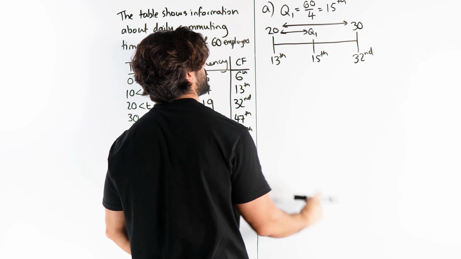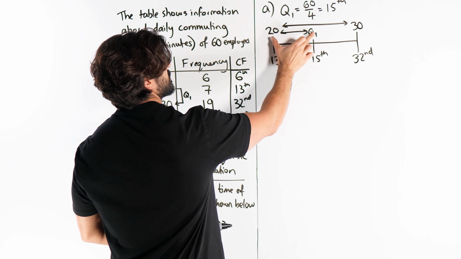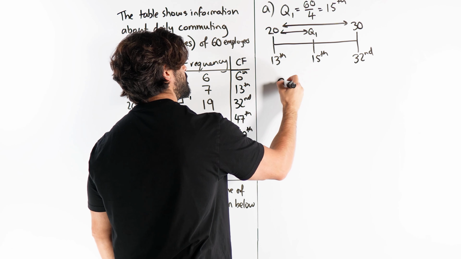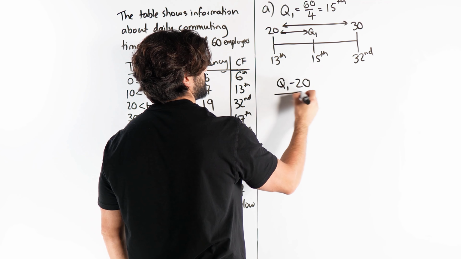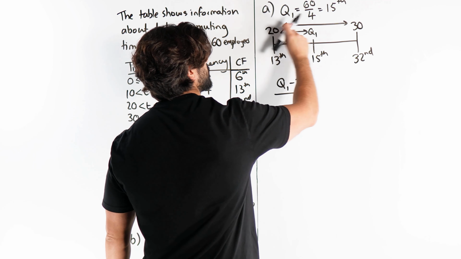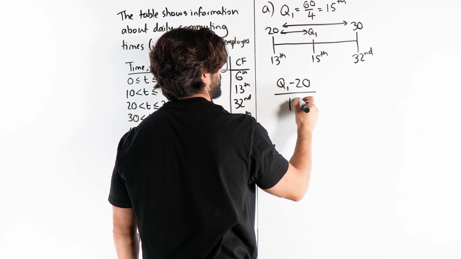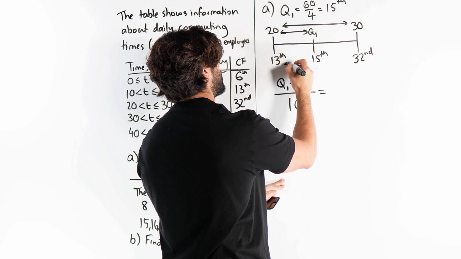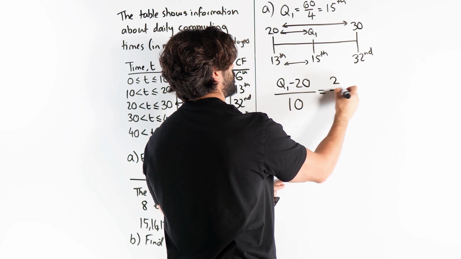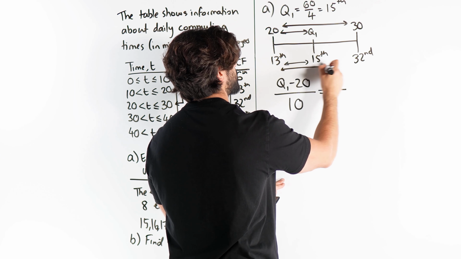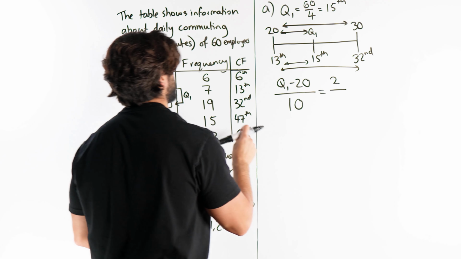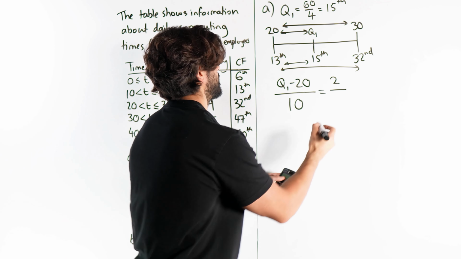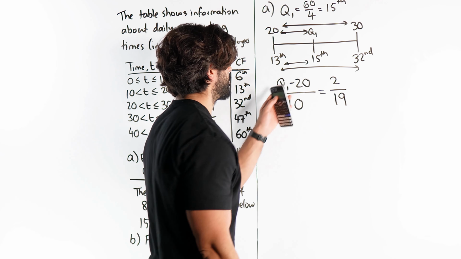We've got all the information now. So this distance, Q1 is bigger, so that distance is Q1 take away 20, as a fraction of its group size, which here is 10, is the same as this distance, which is 2, relative to its group size, which is 19. Now we rearrange for Q1.